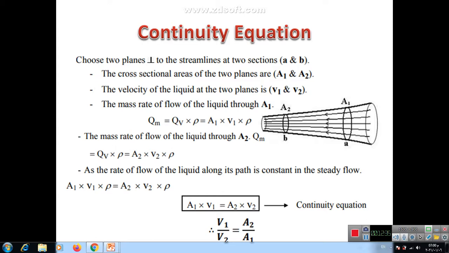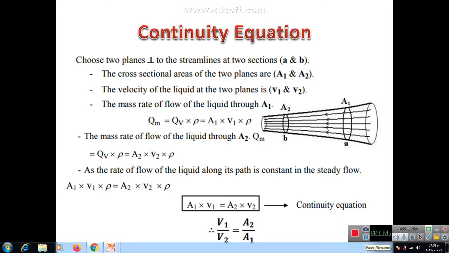If the tube is branched into a number of branches of different cross-sectional areas, A1 V1 equals A2 V2 plus A3 V3 plus A4 V4.